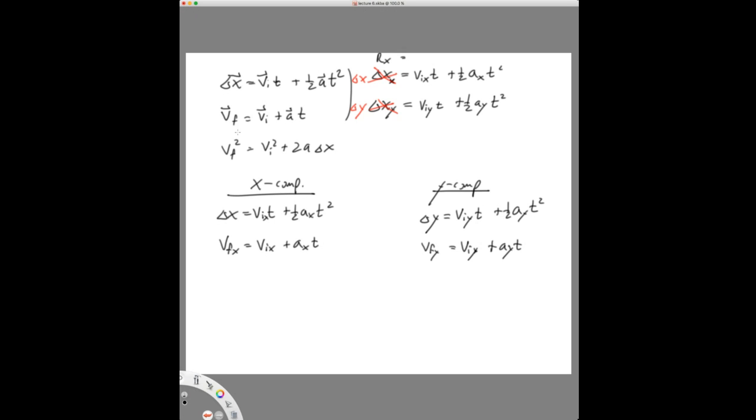Now finally, this third equation. Remember, we got this third equation by combining these two and doing some algebra. Some of you did that for extra credit.